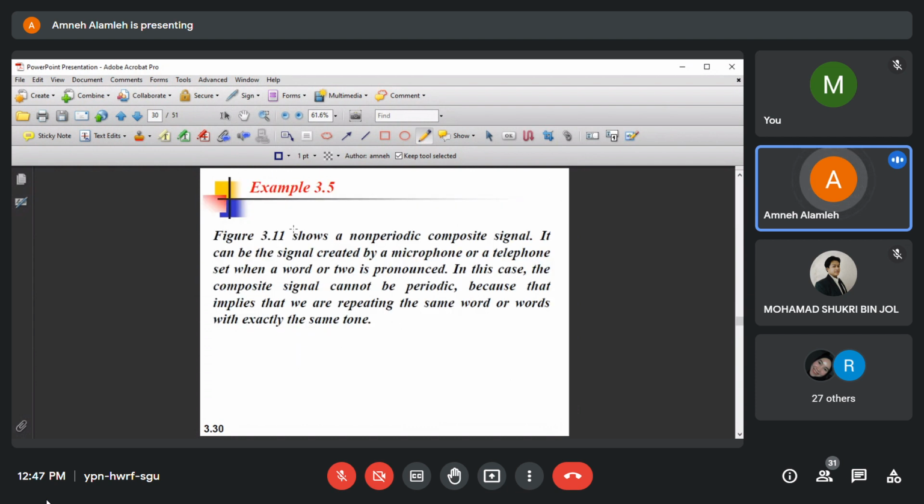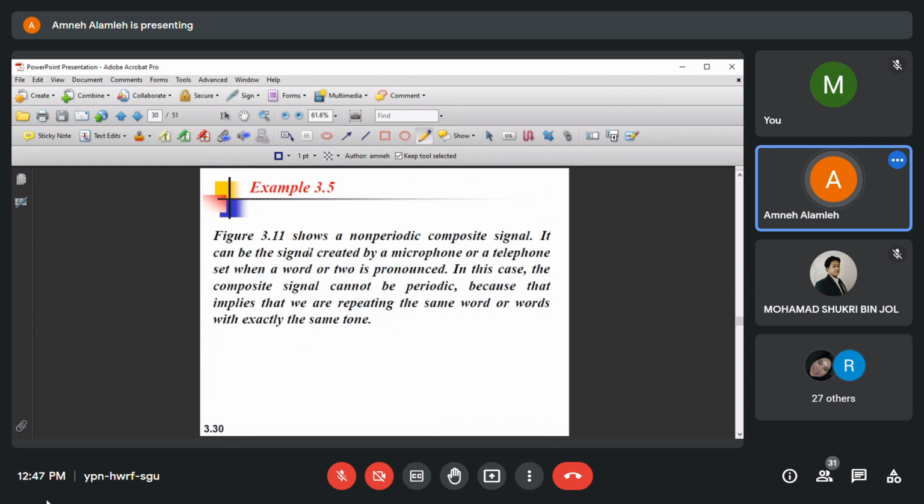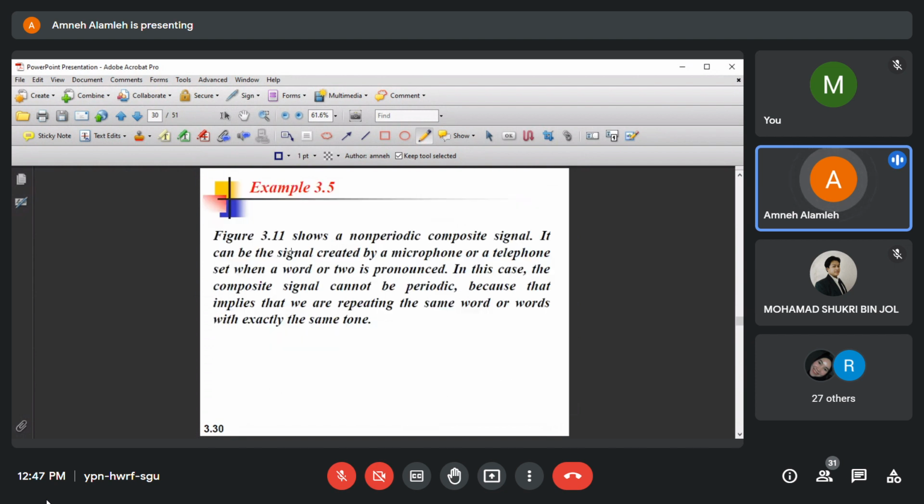Figure 3.11 shows a non-periodic composite signal. The previous one was periodic, and we learned the meaning of periodic. In 3.11, it is a non-periodic, composite signal.